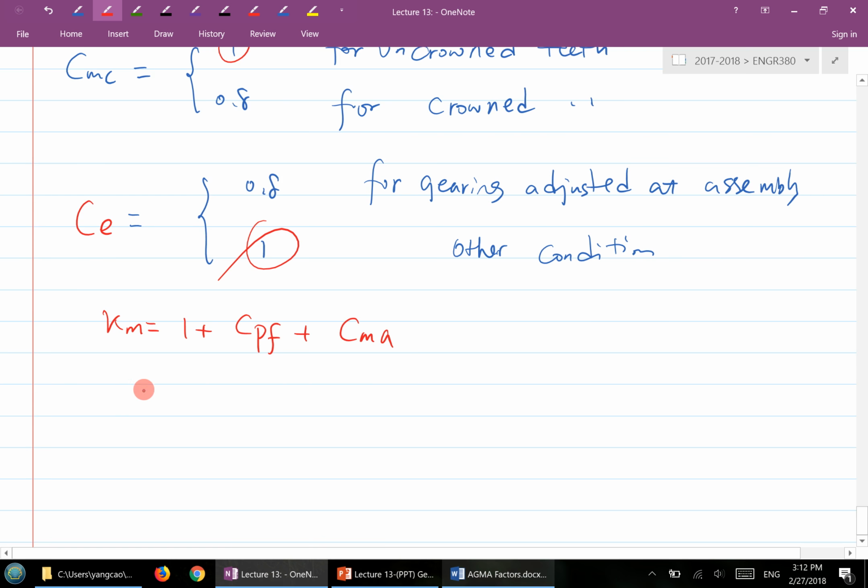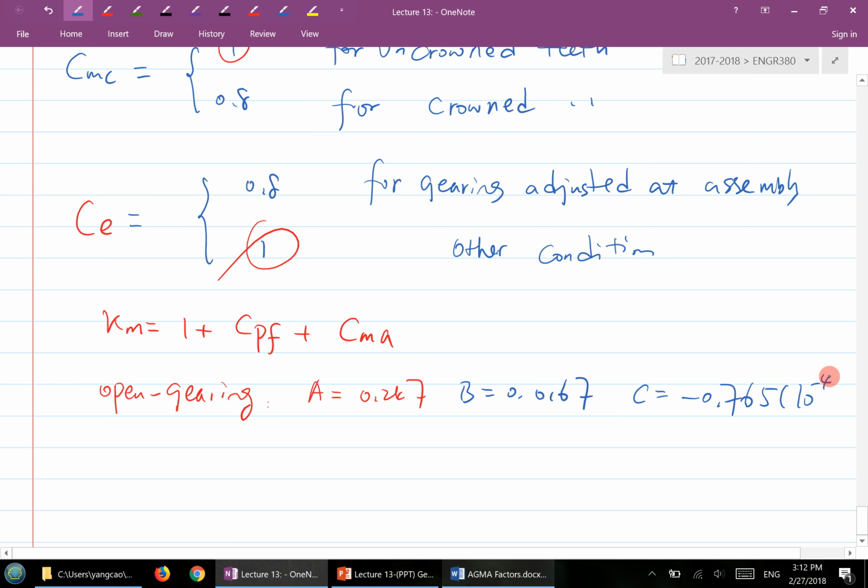In this particular case, let's consider the low quality, open gearing, so we can use these numbers from the table. You get A, B, C here, then you can calculate CMA, which is A plus BF plus CF squared, and end up with 0.28.